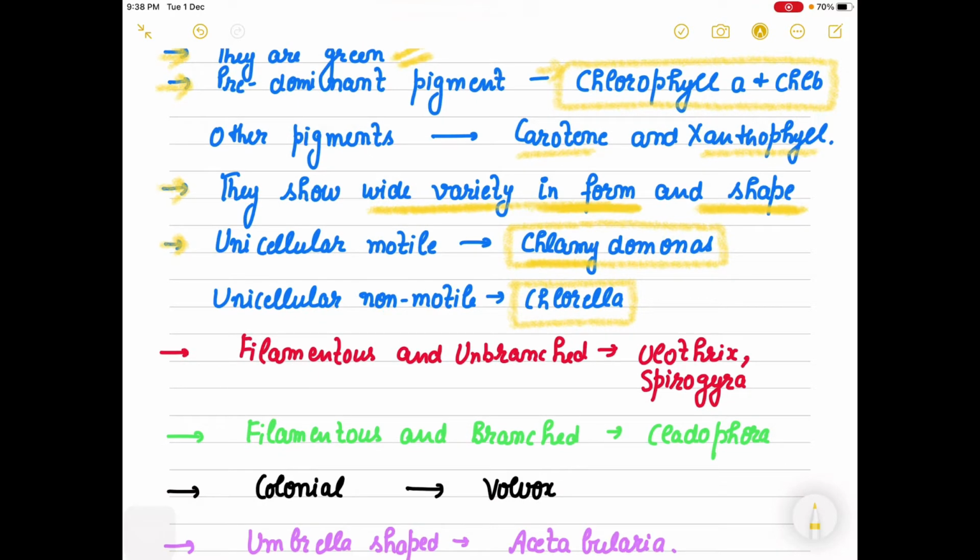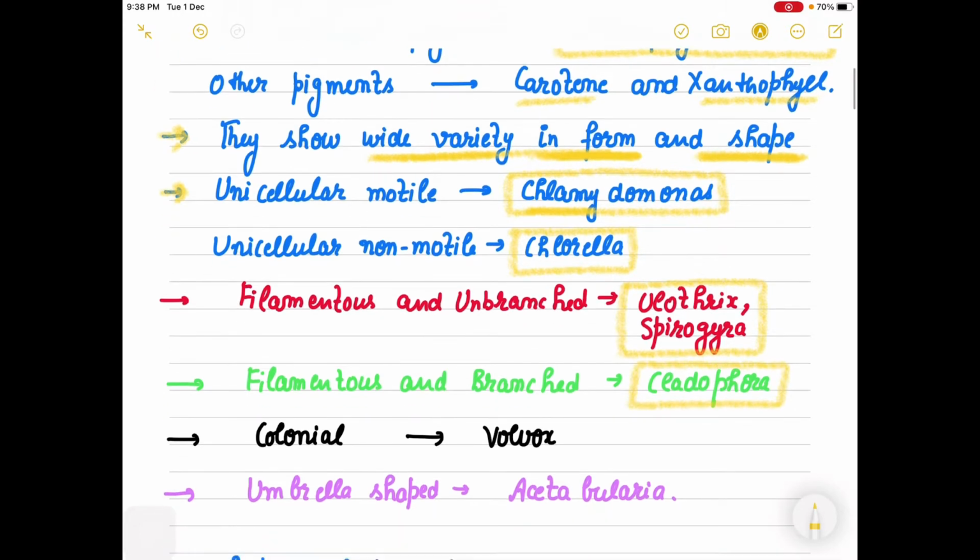Filamentous but unbranched, that is Ulothrix and Spirogyra. Filamentous and branched, that is Cladophora. Colonial, which is present in colonies, that is Volvox. It means Volvox is one member of green algae which is present in colonies.